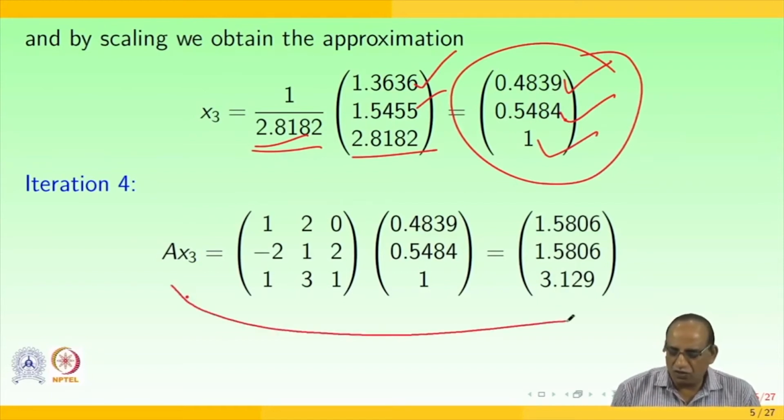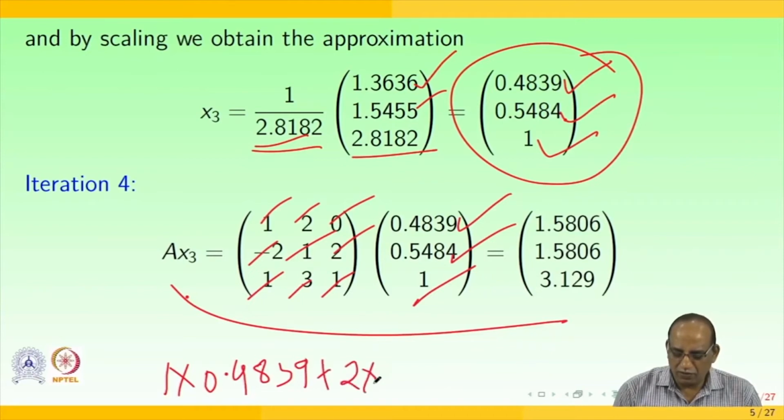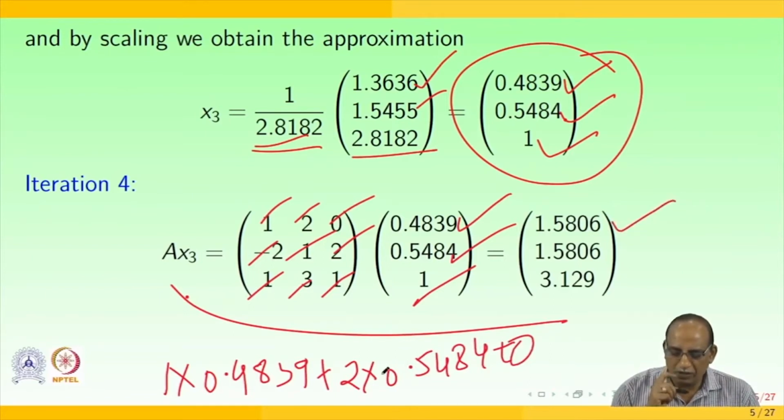In iteration 4, that is A times x3: 1 2 0, minus 2 1 2, 1 3 1, multiplied with 0.4839, 0.5484, 1. So 1 multiplied with 0.4839 plus 2 multiplied with 0.5484 plus 0 turns out to be 1.5806.